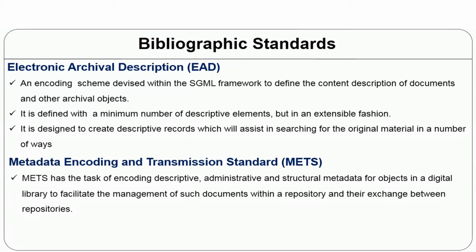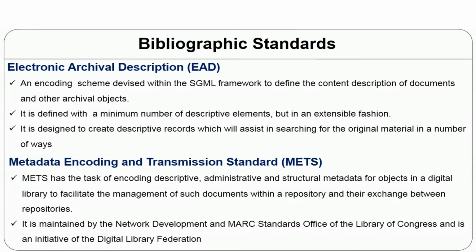That is what is called harvesting the metadata. If you want to harvest metadata, it has to be in a standard. Now, two repositories can communicate with each other by using this standard, METS. This is maintained by the Network Development and MARC Standards Office of the Library of Congress and is an initiative of the Digital Library Federation. So METS is becoming a very, very common, popular, accepted standard because it is from the Library of Congress as well as DLF.